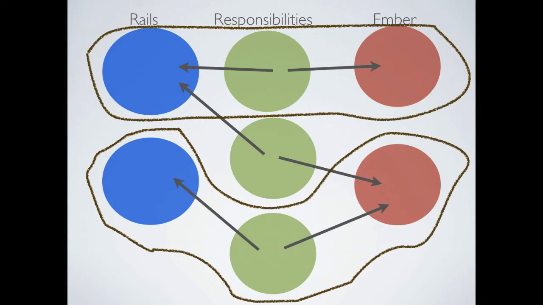It's good for the responsibility on bottom. You know how to transfer that. But the responsibility in the middle, when you're trying to transfer your knowledge, you aren't going to know where to put it. You're going to try to fit it into the Ember class on top when it really should go into the Ember class on bottom. And you're going to get mad because Ember doesn't work right.